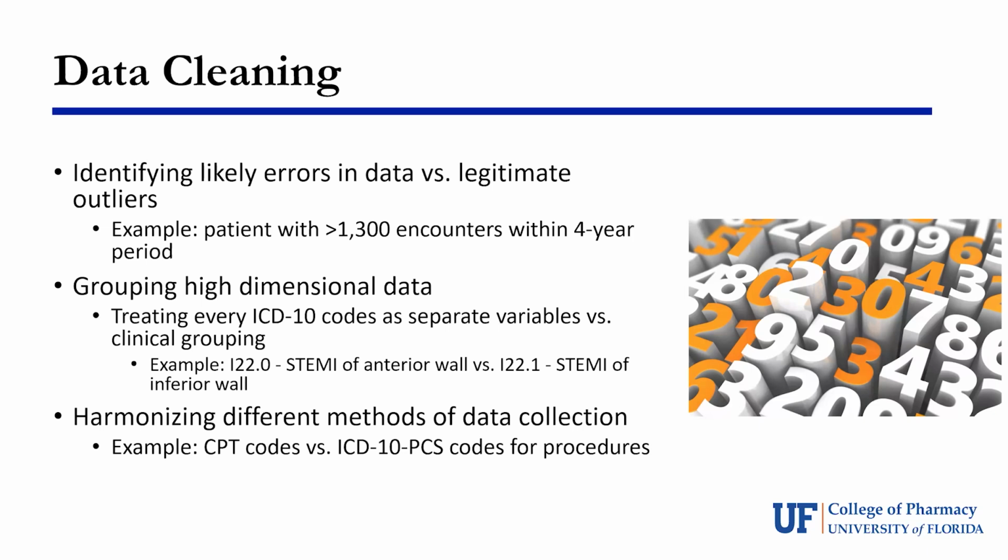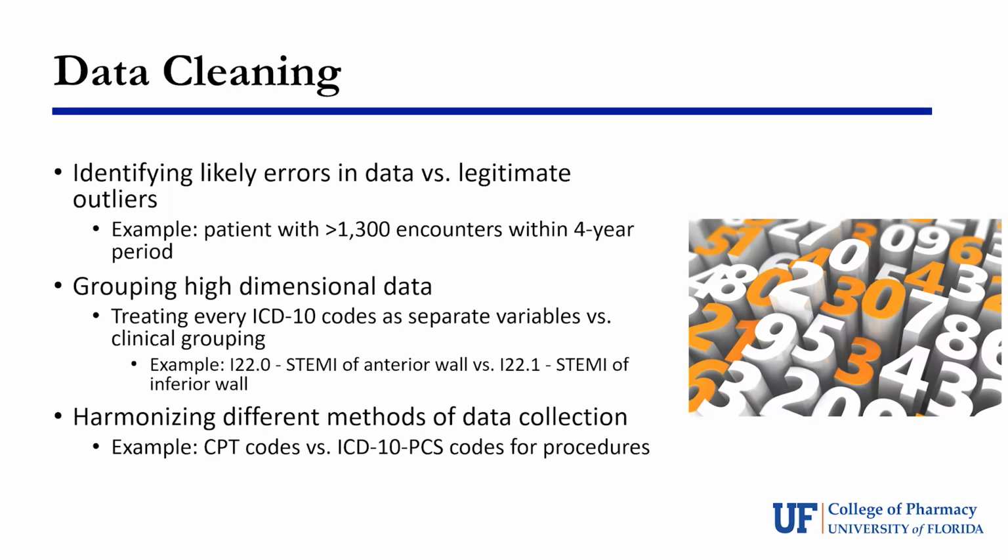We have a lot. And so if we tried to put all of those into a regression model or even a machine learning model, it's so many that we're risking missing potential useful predictive variables or overfitting. An example of this is, for instance, ICD-10 code I-22.0 is a ST elevated myocardial infarction.